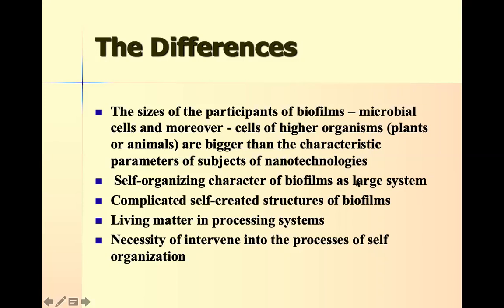Self-organizing character of biofilms as large system. Biofilm can self-organize because bacteria can communicate with each other by using quorum sensing and other signal exchanging. But nanomaterials have no DNA and they cannot use own intelligent trait based on the gene coding and others and cannot self-organize.